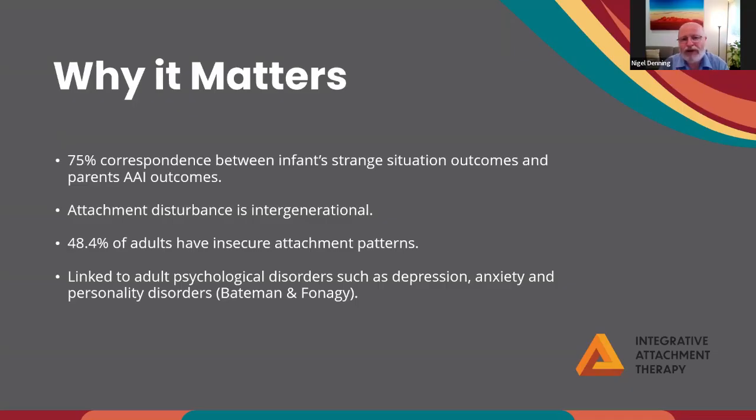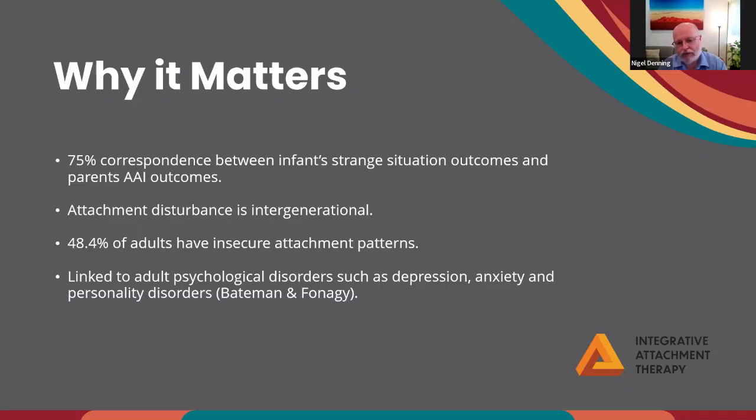Bowlby met Mary Ainsworth, who's an American researcher, and Ainsworth really started to develop a strong research protocol around attachment, which she called the infant strange situation, that she developed specifically for children. And it's an observational protocol where a mother and a child are brought into a room, and the child's observed.